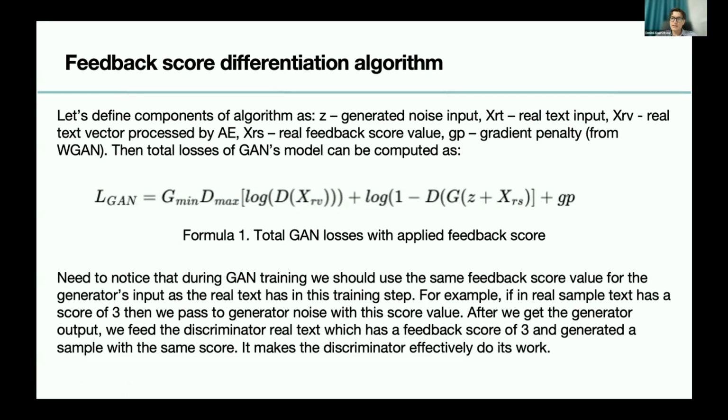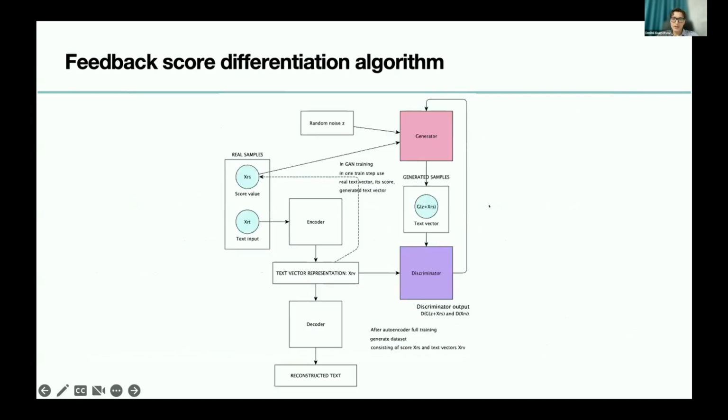I would like to move to the next slide where I introduce the whole model structure. So this is the whole model structure that I'm using to achieve this task. Let's look at this model in detail.